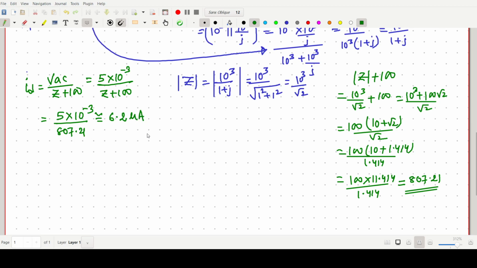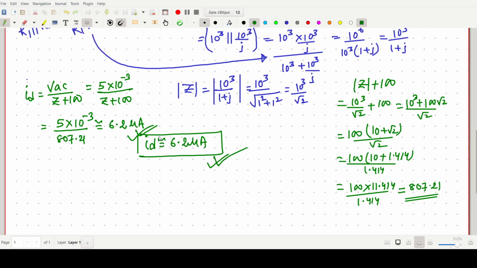Simple calculation is there. So the AC small current will be 6.2 microampere. This value may vary from 6.2 to 6.6 depending upon the calculation. So this one is the final result for the AC diode current equation.